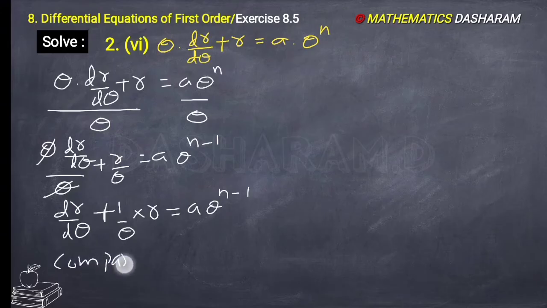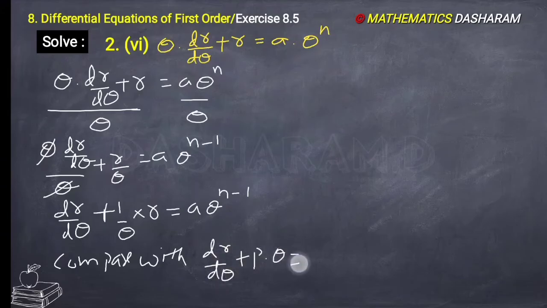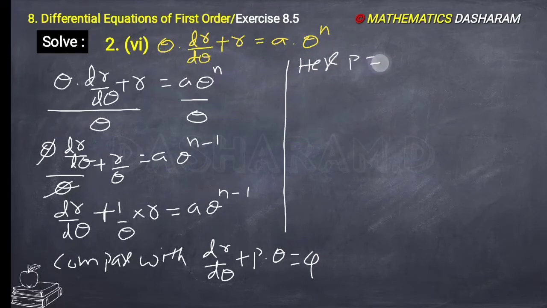So now compare with the standard form, dr by d theta plus p into theta equals to q. Here p value is 1 by theta and q value is a into theta to the power of n minus 1.